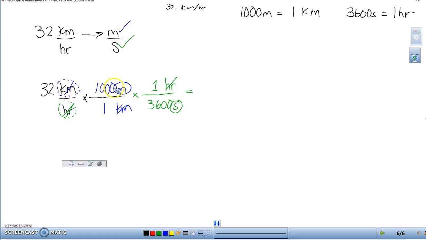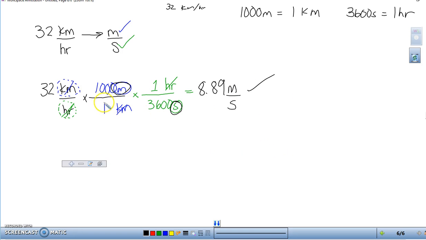So 32 times, I'm doing this on my calculator right now, 1,000 divided by 1, times 1, I'm not taking shortcuts, divide by 3,600. And when you do that, you get 8.8888, so let's round to 8.9 meters over seconds. And that is our final answer, like that.